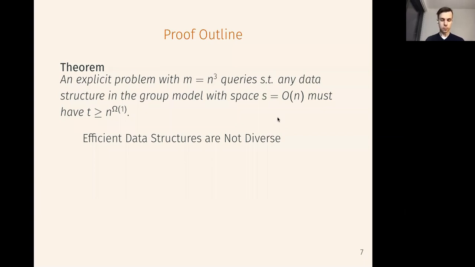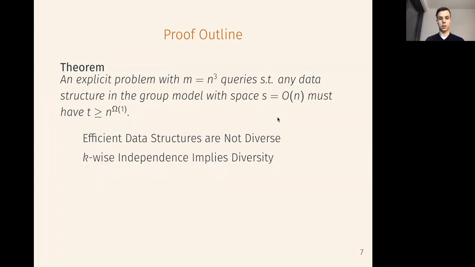First, we show that for efficient data structures, their outputs are not diverse. That is a property I'll discuss later, but any output of any efficient data structure, we can show to be not diverse as soon as the group size is large enough.